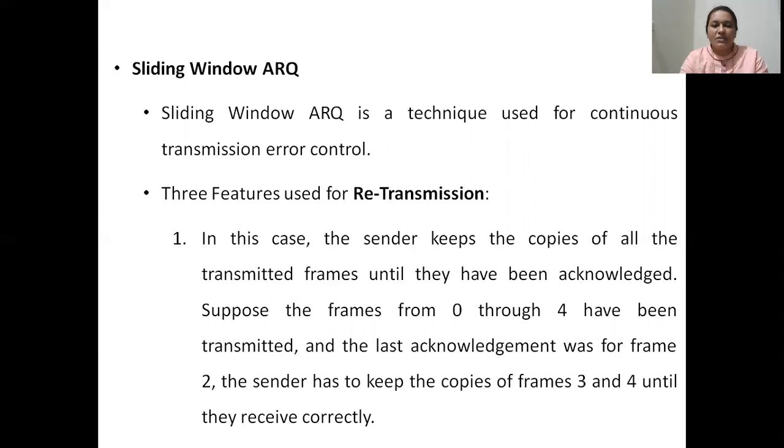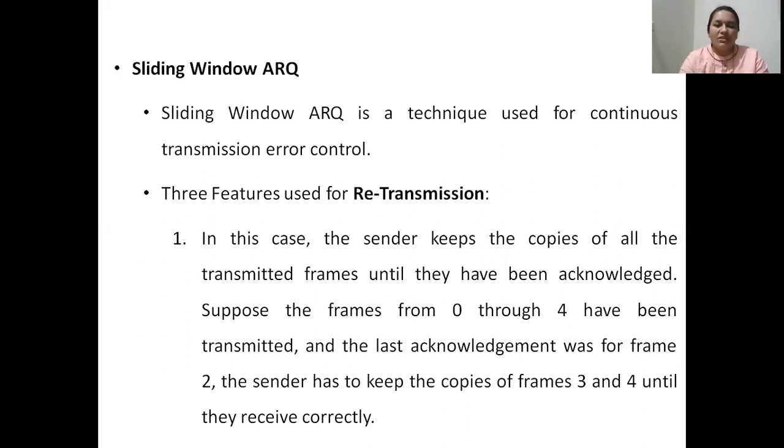Continuous transmission means the sender will transmit multiple frames before it receives an acknowledgement. Unlike stop and wait, in which the sender sends one frame, waits for its acknowledgement, and only then sends the next frame, so every frame requires an acknowledgement, in the sliding window method some number of frames will be sent at a time and all of them will be acknowledged at once by the receiver.